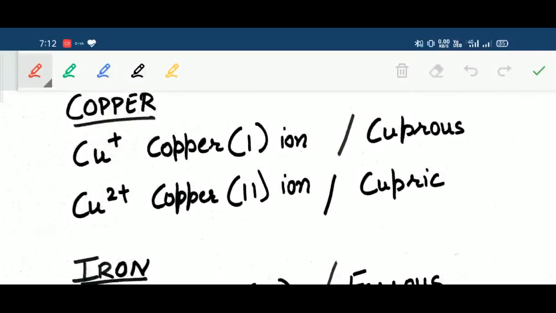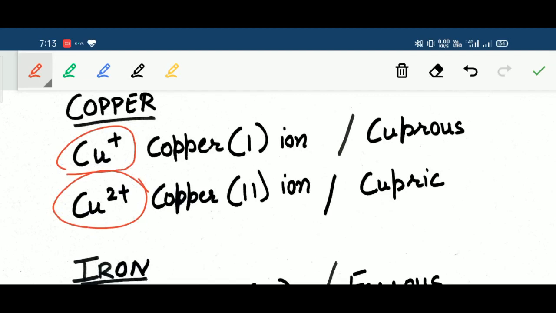Students, in certain cases, ions of the same element can have more than one valency. For example, in case of copper, the copper ion can have a valency of 1 or 2. It can exist as Cu+1 or as Cu+2.